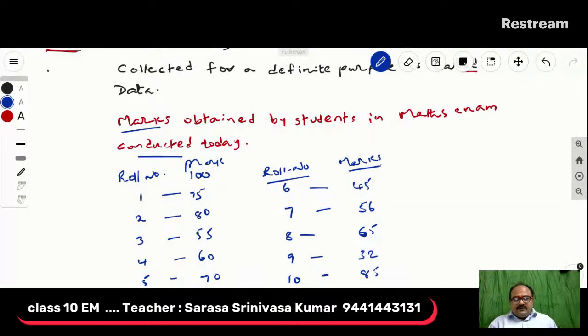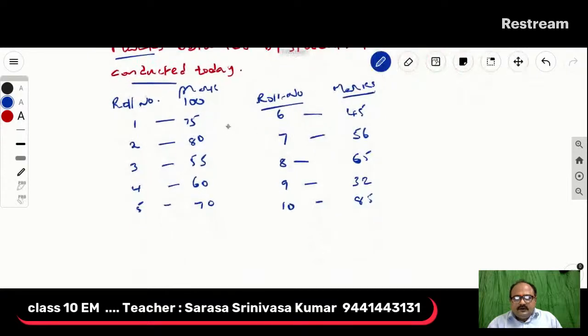Like that, if I collect the marks obtained by each student, all these marks are numbers.